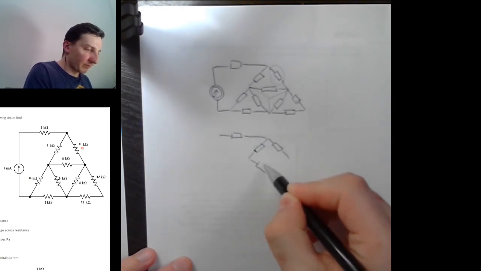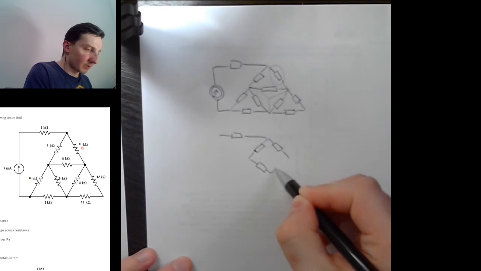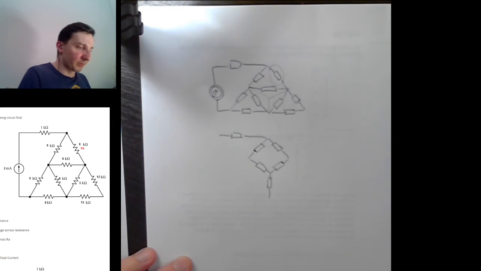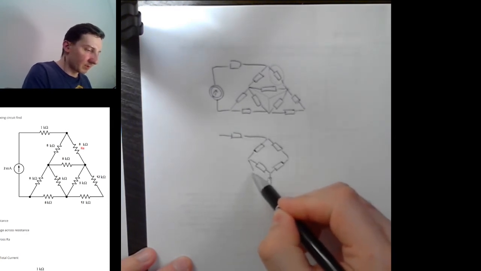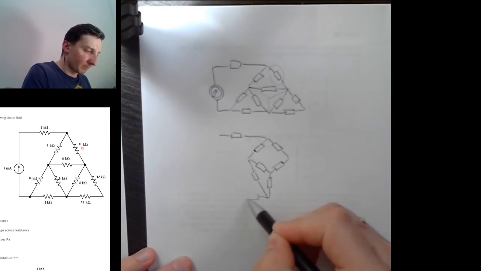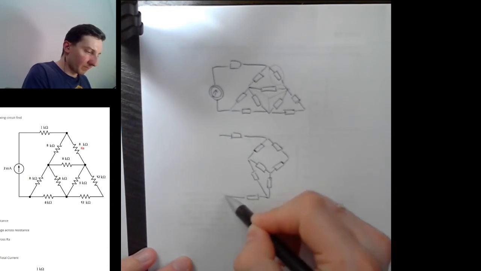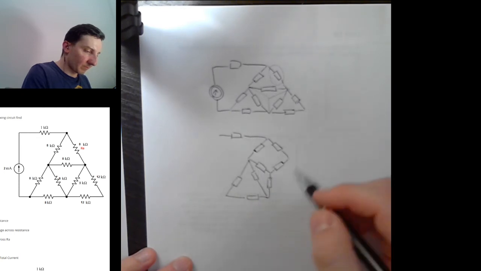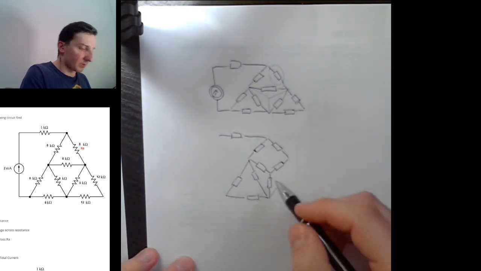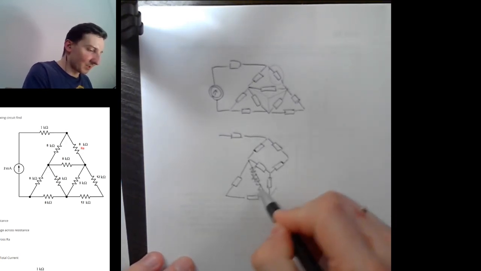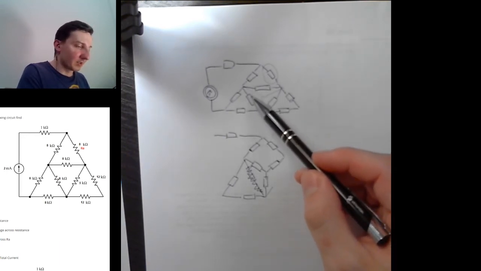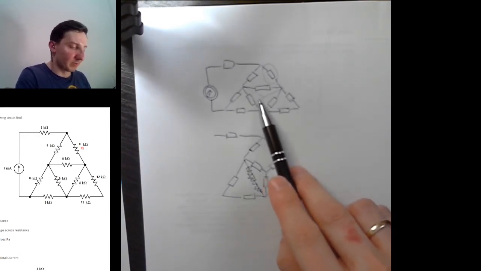Here we have the first resistor, second one, and last one from this transformation, and the rest stays as it was for now. Oh, sorry. Of course, this one isn't there because it's already removed by the transformation.